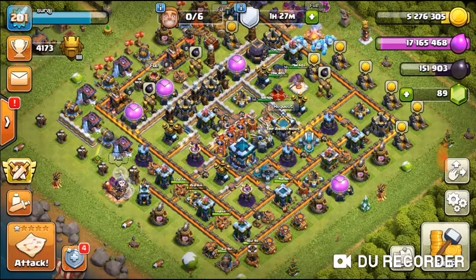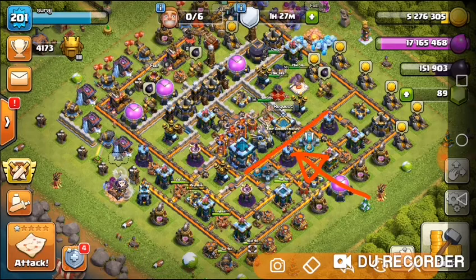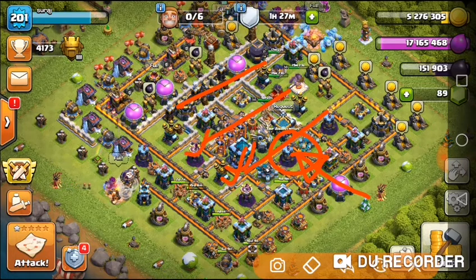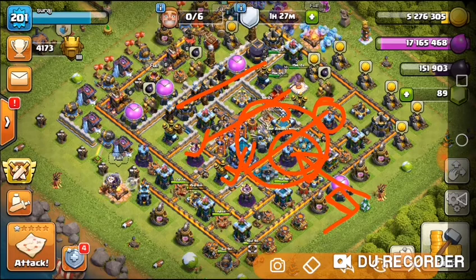For example, if your army is moving in this area and there are some walls, then the rage spell may be a little less effective. So try to manage these walls using the jump spell or log launcher or any type of siege machine, and then you can deploy this rage spell.